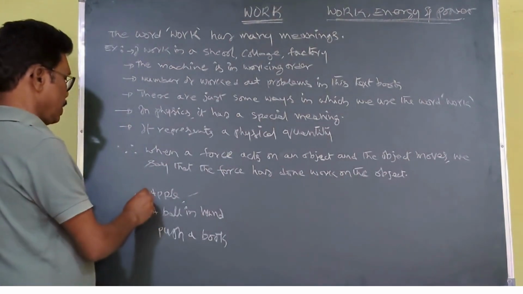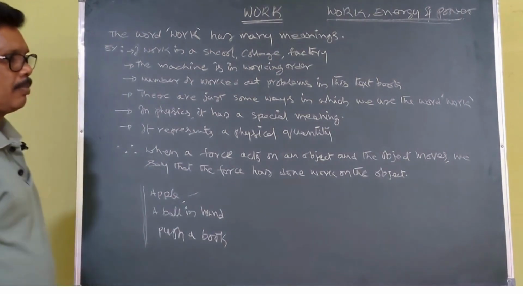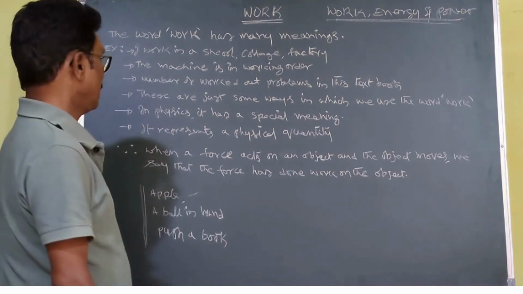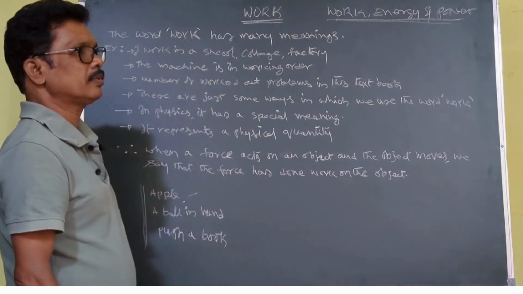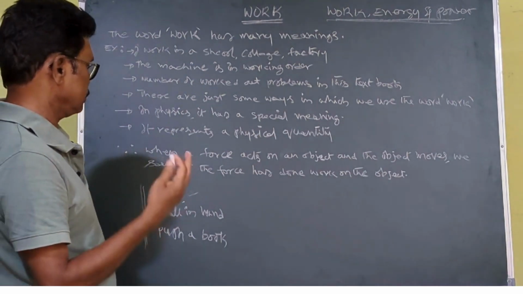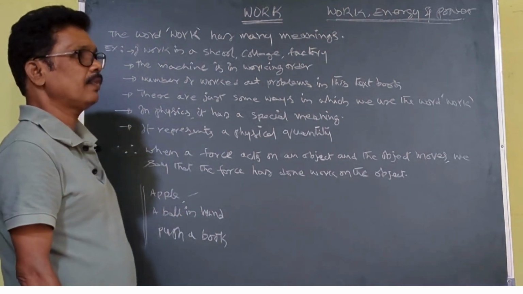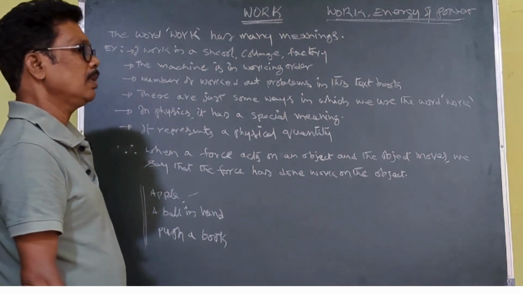For example, we can take some examples. An apple from a tree is falling. Not only apple, if you take any fruits from the tree, once they matured, they fall. Why are they falling? Because the earth exerted force on the apple.